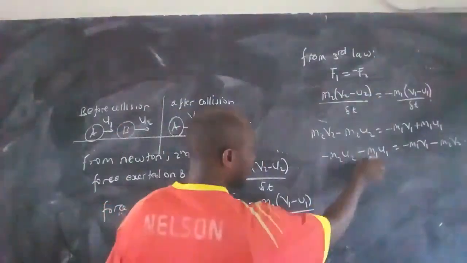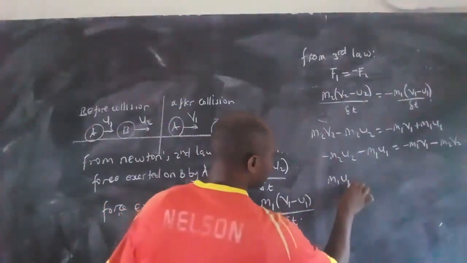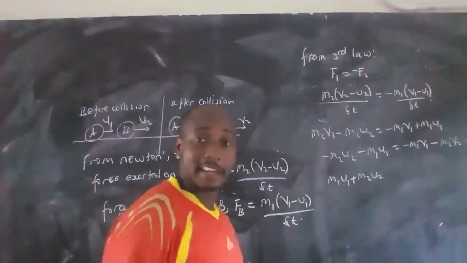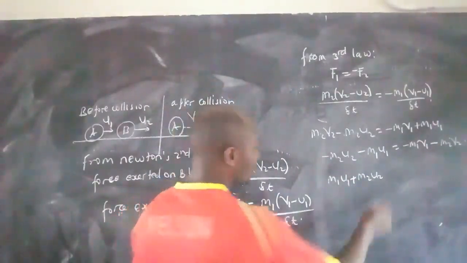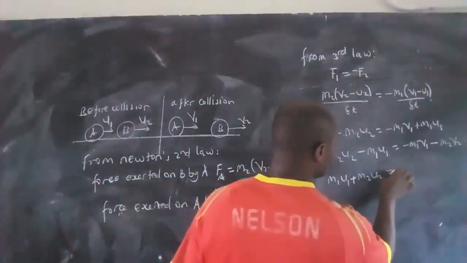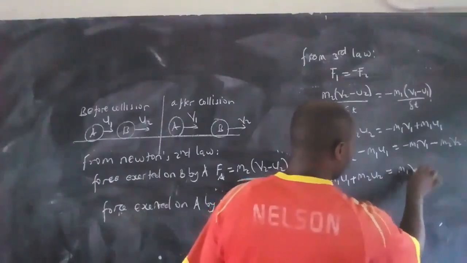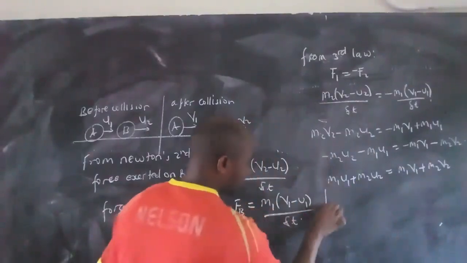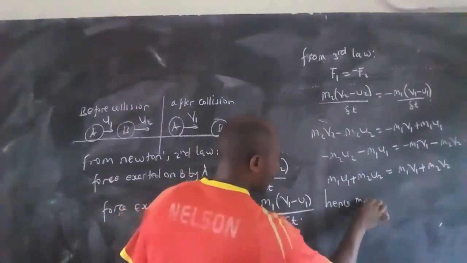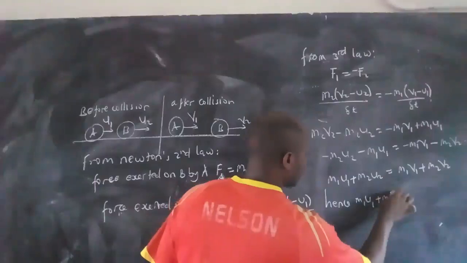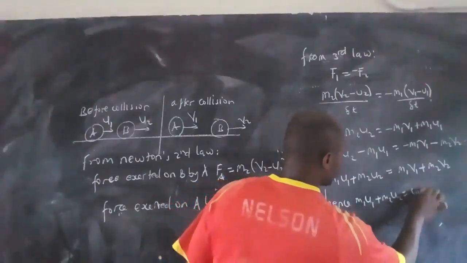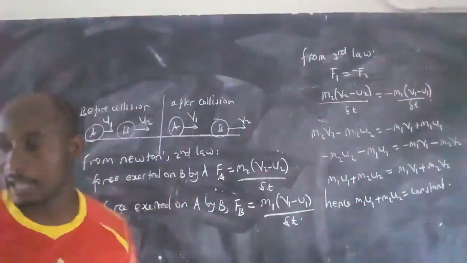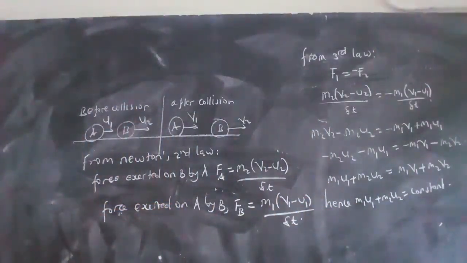So this becomes M1 U1 plus M2 U2 equal to M1 V1 plus M2 V2. Hence M1 U1 plus M2 U2 should be equal to constant. It is conserved. That's the proof.